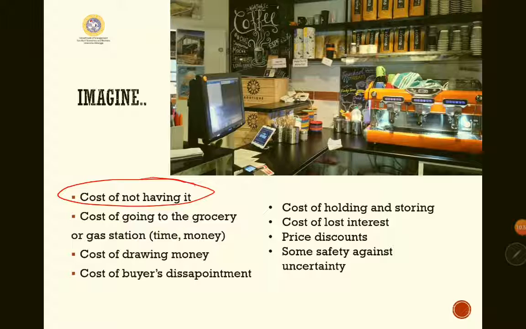If you run out of inventory while the customer needs it, you will have more costs of going to the suppliers, maybe to groceries, cost of drawing money, because you can't manage your inventory at the right time. So another important issue is the cost of buyer disappointment.